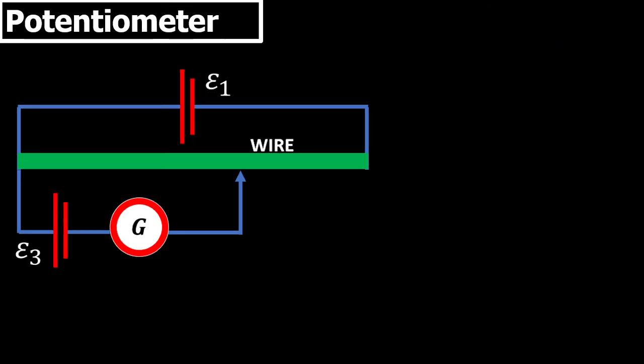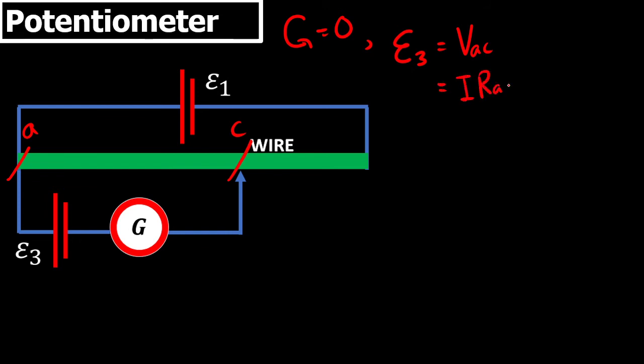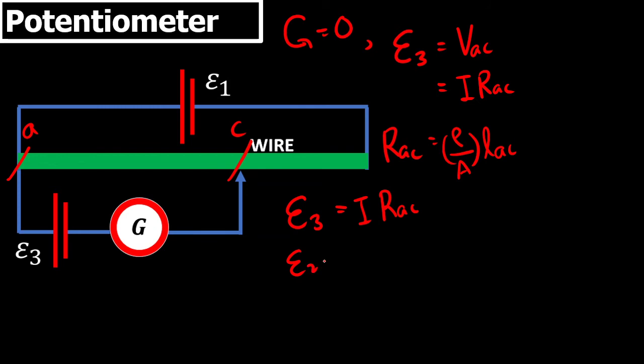Now at this point, the galvanometer shows 0 when it is between point A and C. So again, I will write it down there: epsilon 3 is equal to V_AC, and that is equal to I R_AC. This R_AC is equal to rho over A times the length between A and C. Expanding this, epsilon 3 is equal to I R_AC, which is equal to I rho over A, where rho means resistivity, times L_AC. So this is epsilon 3.